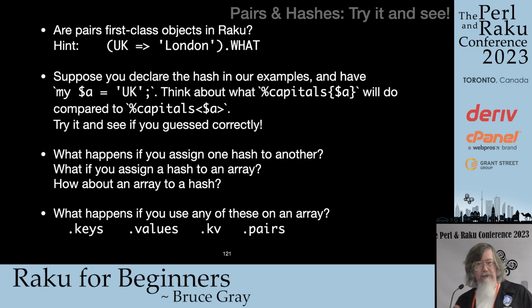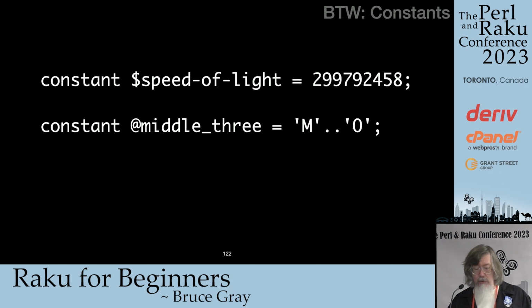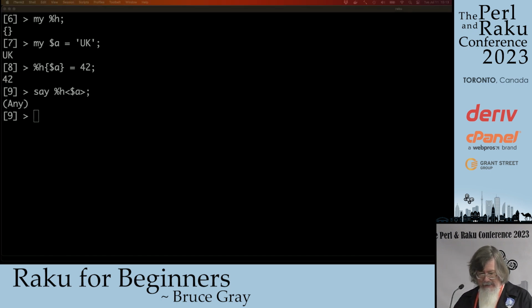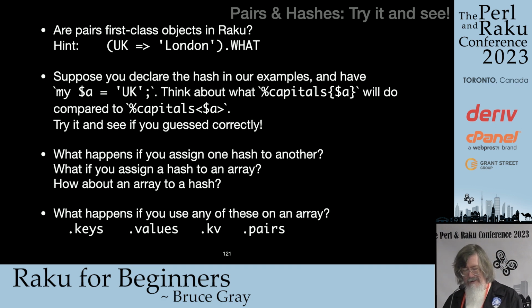So it does the right thing in every circumstance. And if you ever need it to do that in any other context, I couldn't believe they did this, but they implemented a method. The .pairup method does what I just described, including, if it's a pair object in the first one, then do it differently. And so it pairs them up. It doesn't put it into a hash. It just pairs them up into pair objects. I actually used that in a weekly challenge the other day, if I'm remembering right.